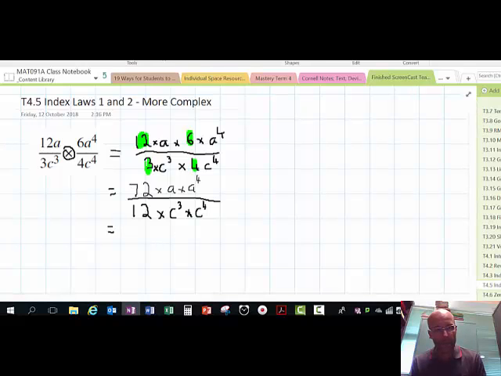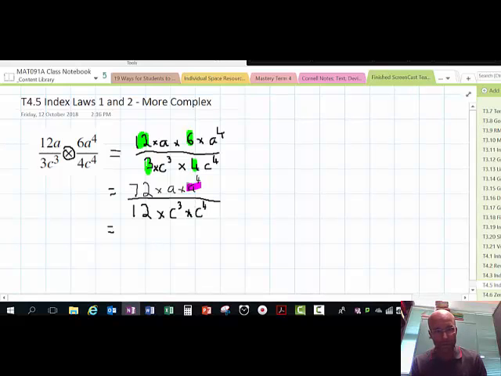Okay, looking at the next bit then, on the numerator on the top we've got a's, so we've got a to the power 1, that's a little 1 there, times a to the power 4, which is a to the power 1 plus 4.